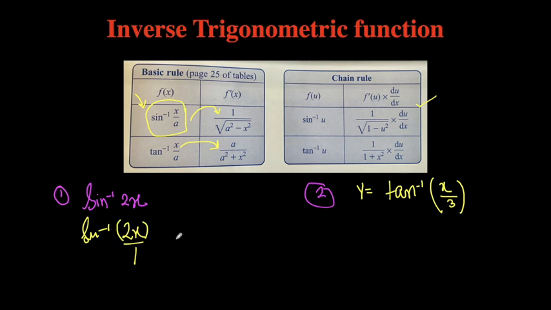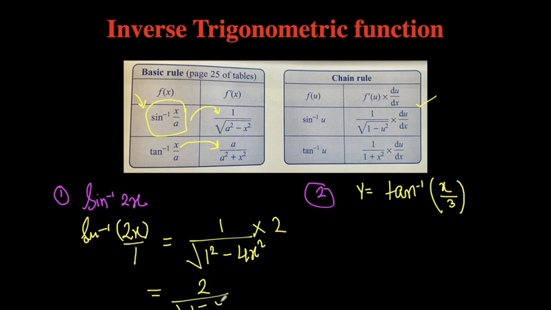So differentiation of this will be 1 over square root of a square, which is 1 square, minus x square, which is the bracket square, 4x square, multiplied by differentiation of the bracket, and differentiation of the bracket is 2. So your answer will be 2 over 1 minus 4x square, this is under root. So here also we have to use the chain rule.